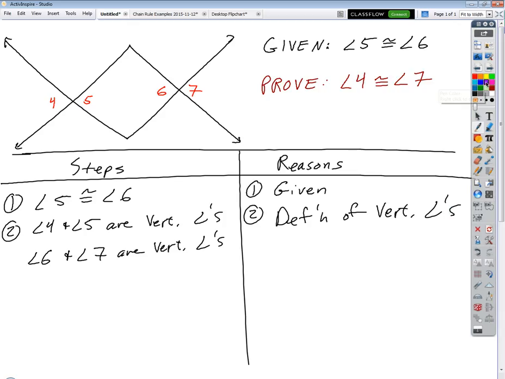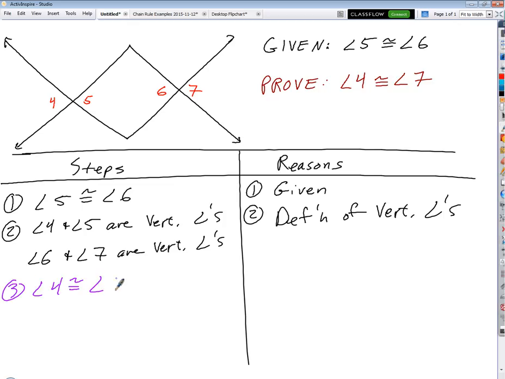Okay, and then you also had the step that angle 4 is congruent to angle 5 and angle 6 is congruent to angle 7. What was our reason for that? Vertical angles theorem. Yeah, good.